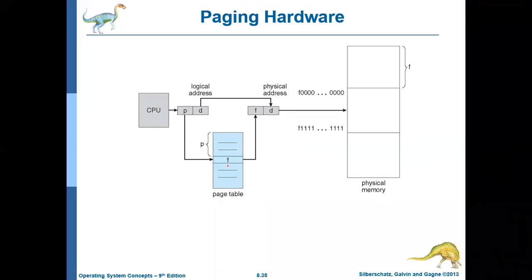The page table will have 2 columns, page number and corresponding frame number, and so on. This is the logical address. This is the physical address. The logical address has 2 fields, P and D, page number and offset. The physical address will again have 2 fields, frame number and offset.